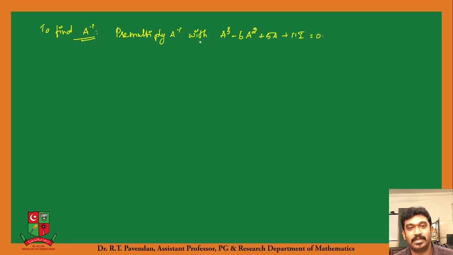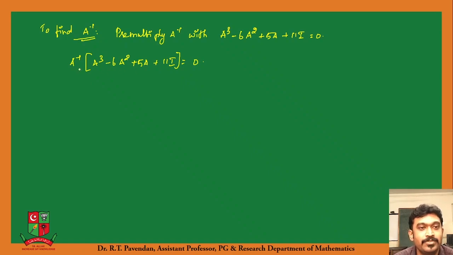If I pre-multiply this with A power minus 1, the bases are the same, so we can add the powers. Minus 1 plus 3 will give you plus 2. So this can be written as A inverse of A cube minus 6A square plus 5A plus 11I equals 0. A inverse of 0 is 0, the null matrix.